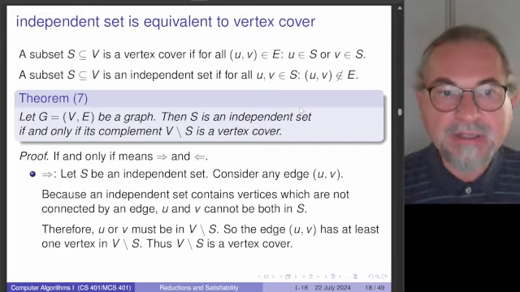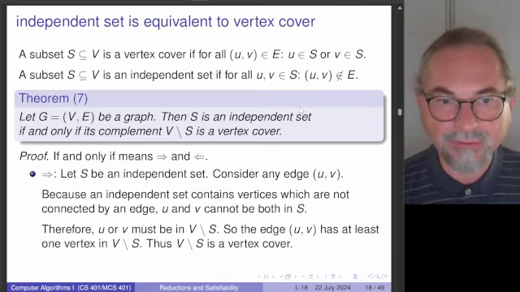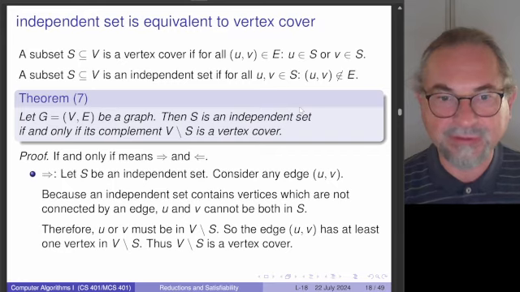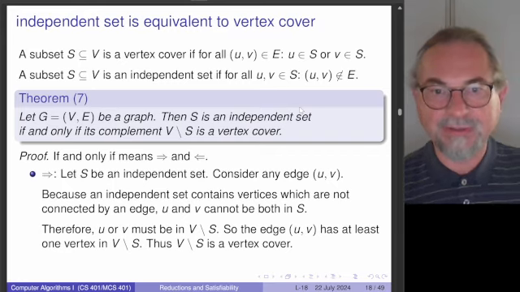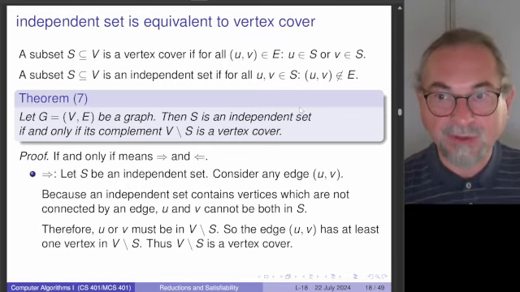So we're going to show that if we have an independent set, and we consider any edge, that means that the vertices u and v are connected by an edge. So these two are not independent, so both u and v cannot be in that independent set.